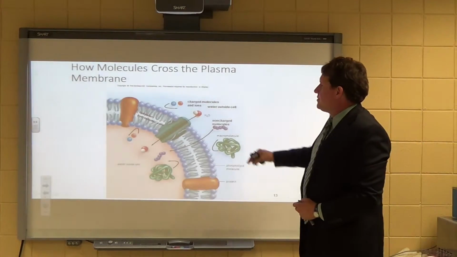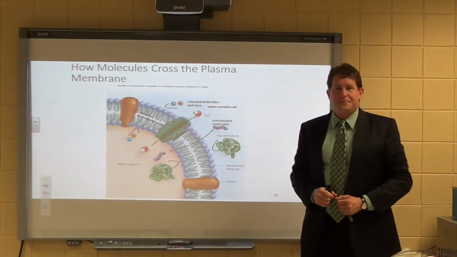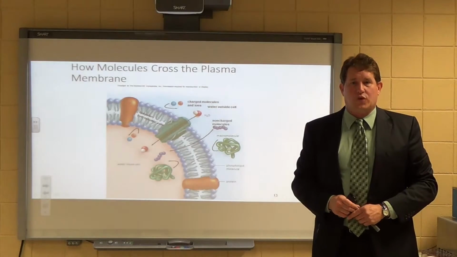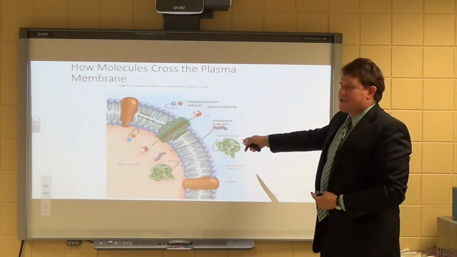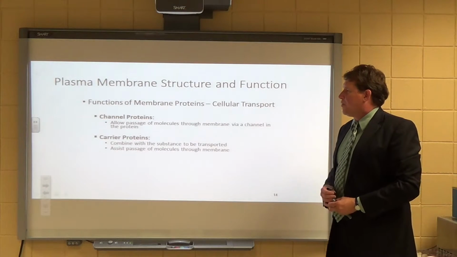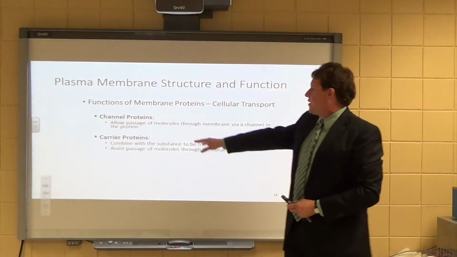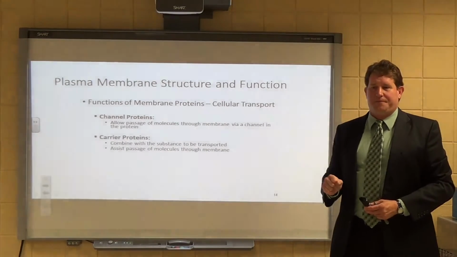All right, so this is just a look at what gets through. Some things can come right across the membrane. Things that are hydrophobic, like the tails, they'll let them through. Things that are large can't get through. There's a channel protein. So that's what the porins are, channel proteins. They allow passage of molecules through the membrane, being a channel in the protein.